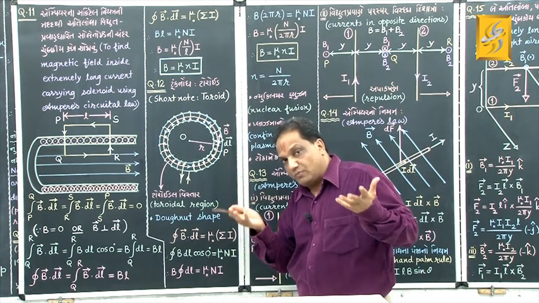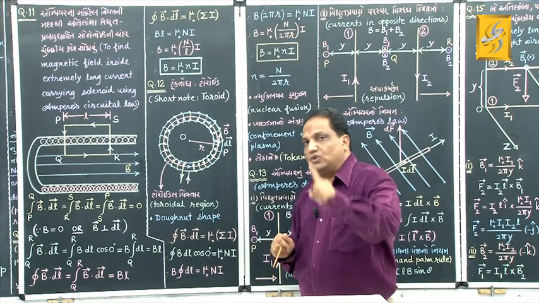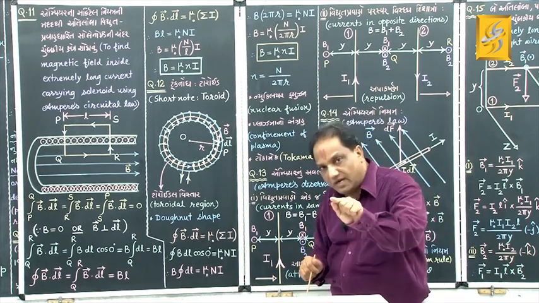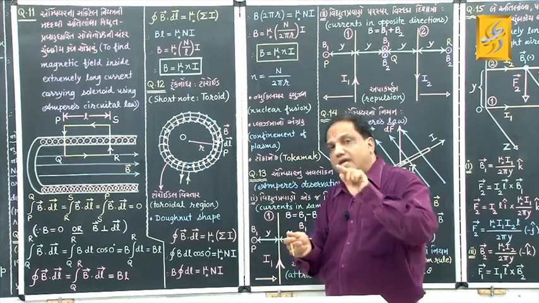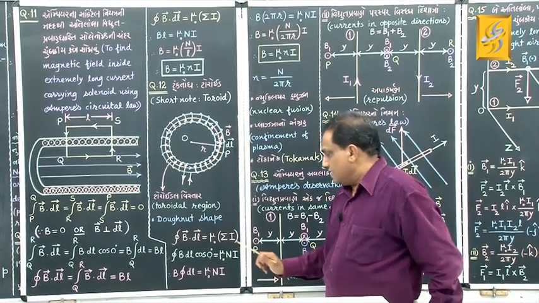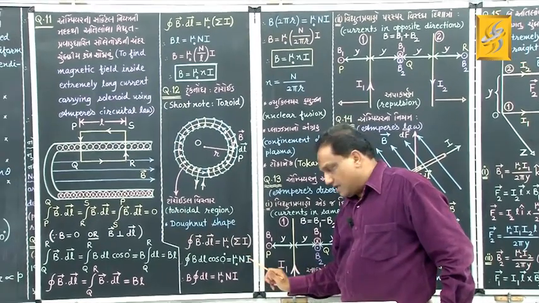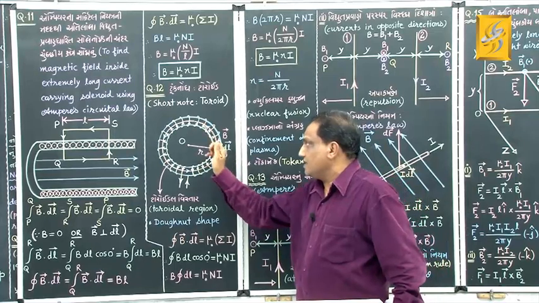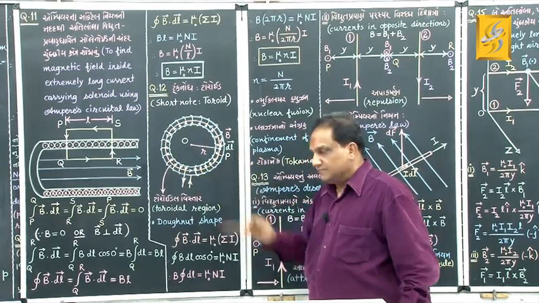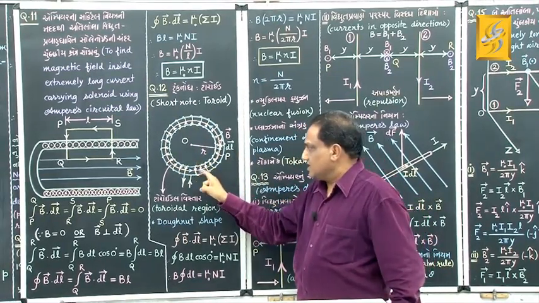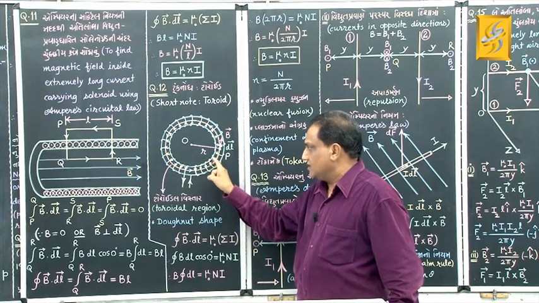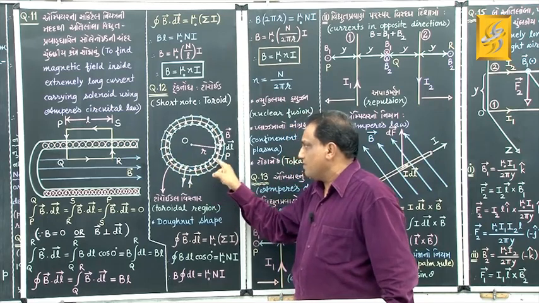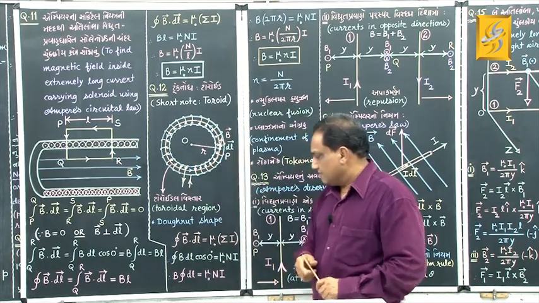And that total number, suppose it is capital N. Through one turn, if the current passing is capital I, then through capital N number of turns, what will be the total current? Capital N into capital I. This much amount of current is enclosed by the considered Amperian loop, correct? See, the currents which are passing through this part of the turns are all enclosed by this outer Amperian loop, correct? Fine.